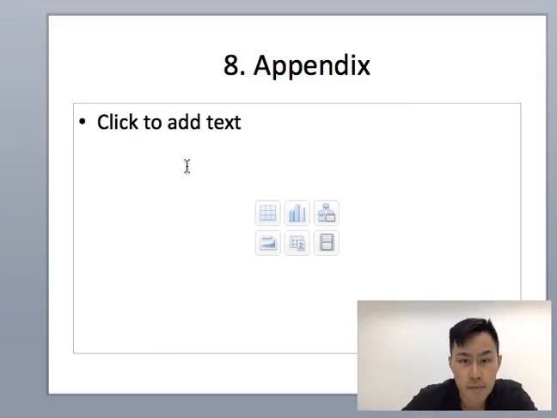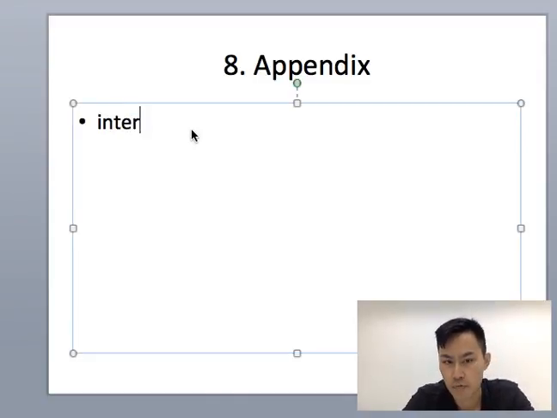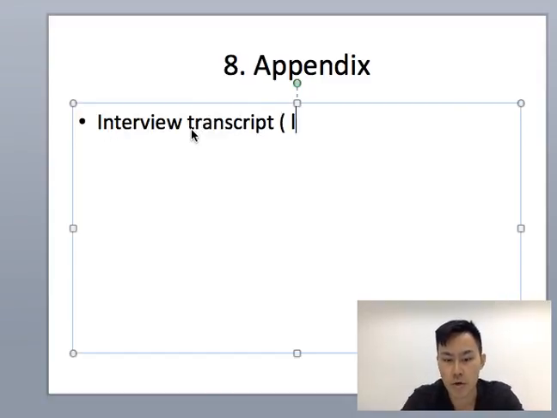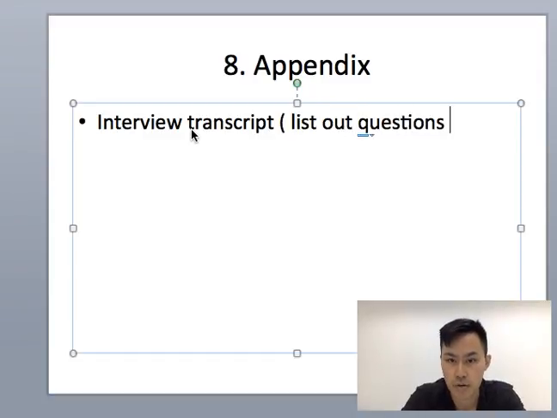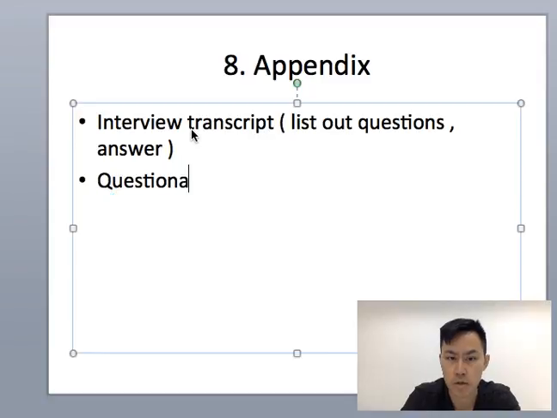And finally, the appendix. What you're going to include in your appendix, obviously, is the interview transcript, right? So you can list out the questions and also the answers from the interviewees, yeah? And also the questionnaire sample as well, okay?